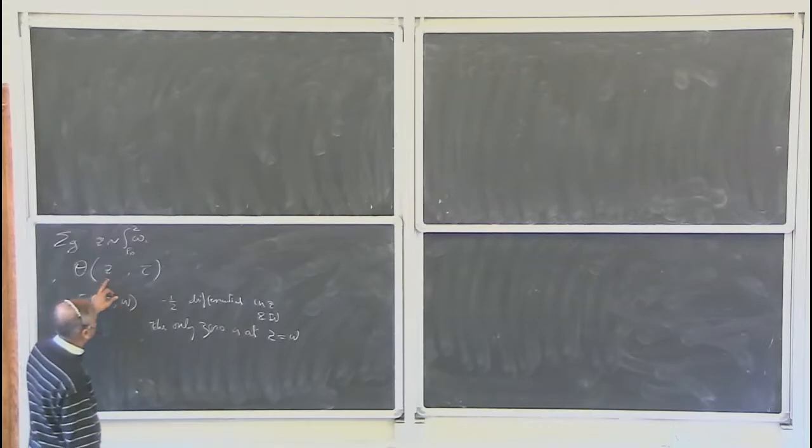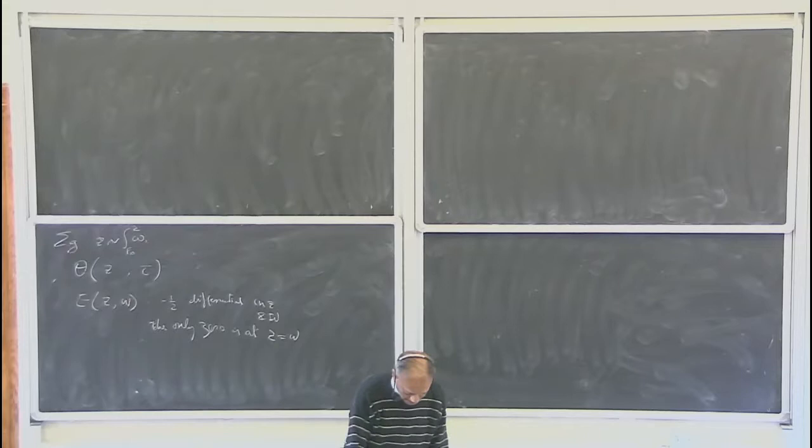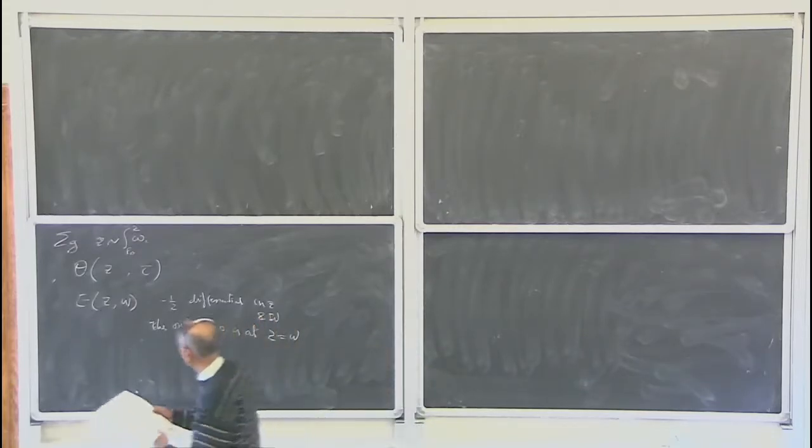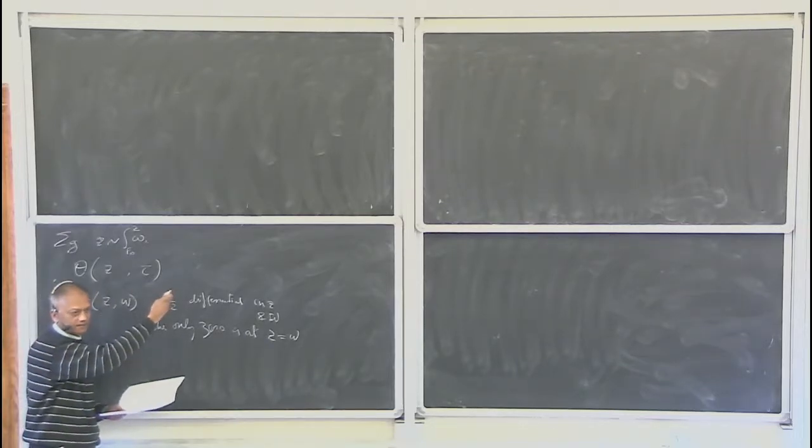There are these monodromy properties. What I mean by monodromy property: you move the point Z around the A_i cycle or around the B_i cycle, because there are G such cycles, and they don't come back to themselves, they are multiplied by some factors.